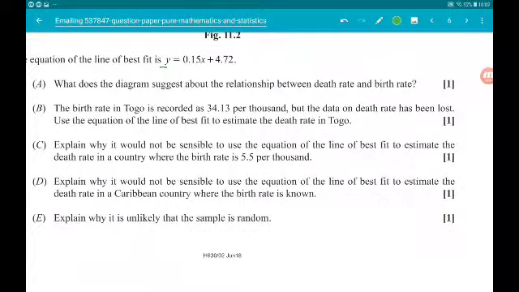But D wants us to explain why it would not be sensible to use the equation of the line of best fit to estimate the death rate in a Caribbean country where the birth rate is known. So all of our countries in this scatter diagram are in Africa. The Caribbean is not. So that would be the reason for that.